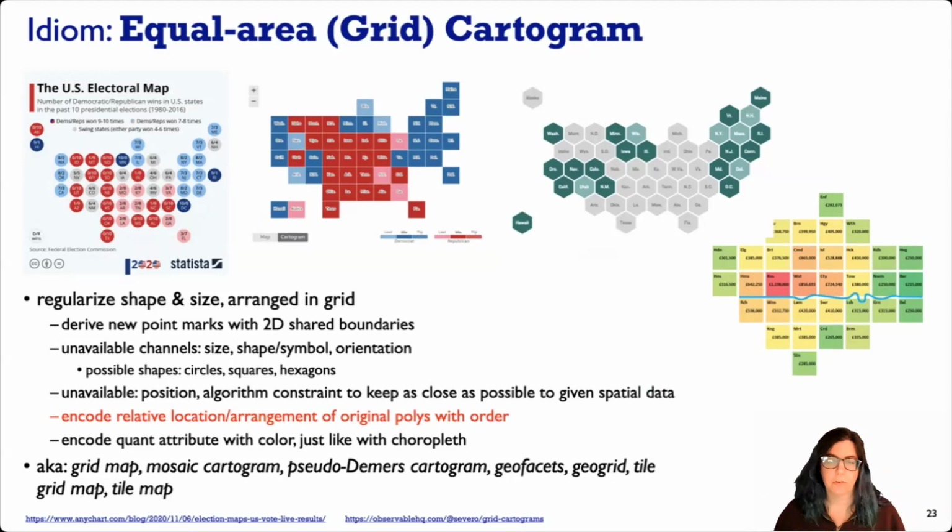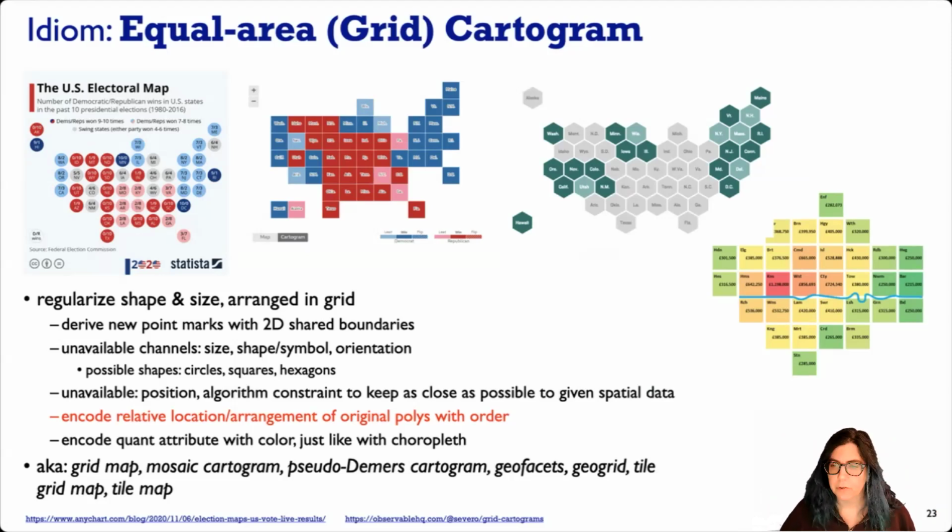In the middle, we've got squares. Then we've got hexagons. So these hex grids are particularly popular because they do a really good job of tiling the plane and using up space with something that seems to fit together a bit better than the squares. It's not just for US maps. I've been showing you a lot of US election results, but here's an example of a London map on the right side.